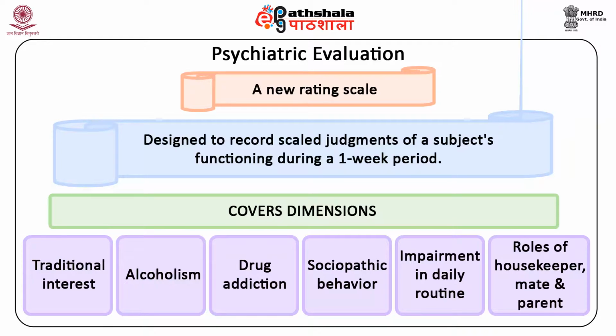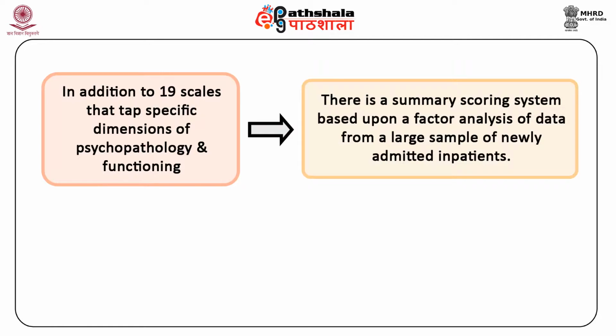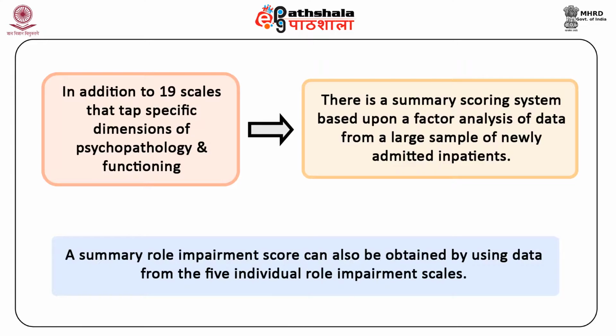which judgments are required. In addition to 19 scales that tap specific dimensions of psychopathology and functioning, there is a summary scoring system based upon a factor analysis of data from a large sample of newly admitted inpatients. A summary role impairment score can also be obtained by using data from the 5 individual role impairment scales.